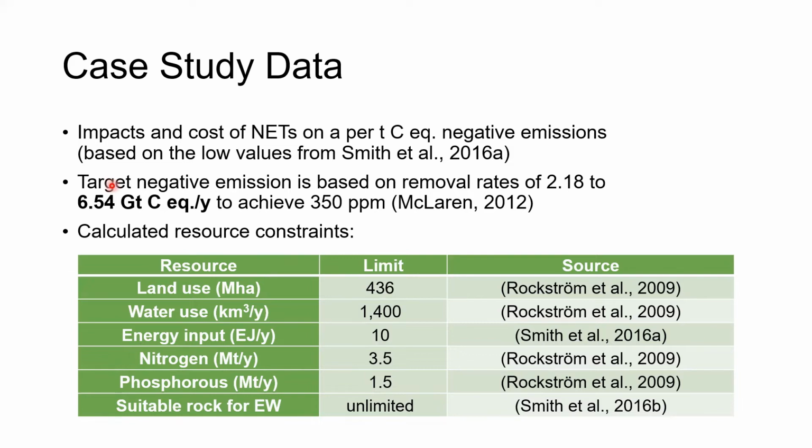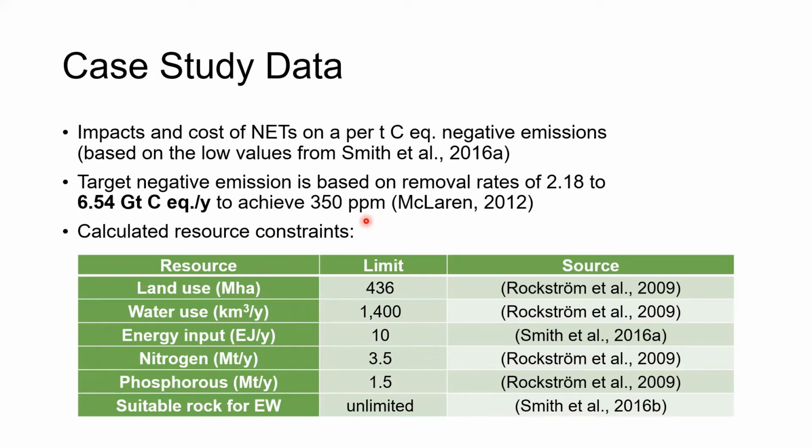The target negative emissions is based on the removal rates of 2.18 and 6.54 gigaton carbon equivalent per year to achieve an atmospheric concentration of 350 ppm. But as discussed, that actual target depends on many factors such as energy decarbonization timelines. But for this case study, a stringent scenario of 6.54 gigaton carbon equivalent per year is selected.